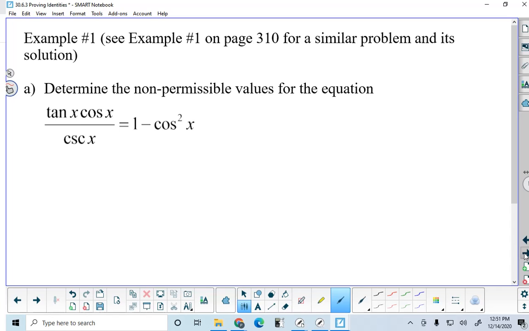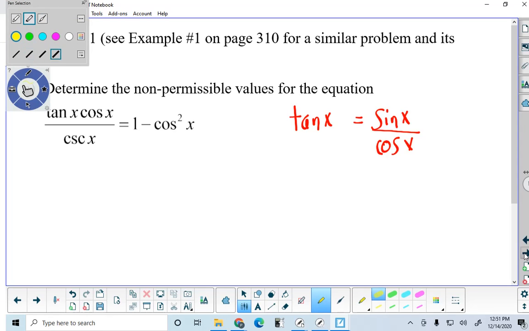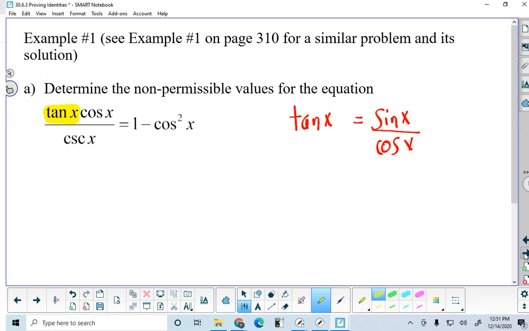I'm just saying, first of all, that tangent of x is really sine of x over cos of x. I am not doing a proof here. I'm just saying, well, you know what? Inside of this equation somewhere, there is tangent of x, and inside of tangent of x, there's a denominator of cos of x.